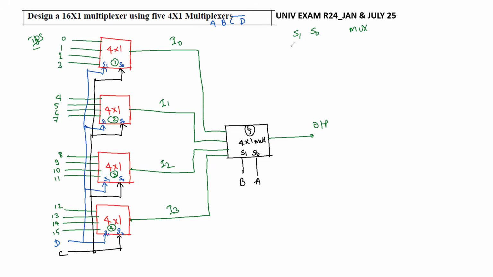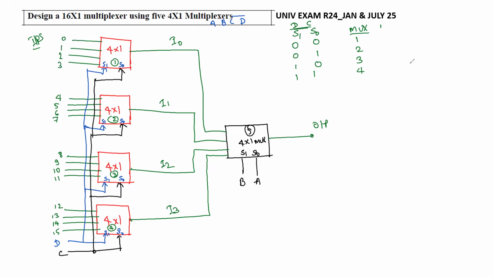When we have this combination S0, S1, that is 0, 0, the first multiplexer output will be available here. For 0, 1, the second multiplexer output, for 1, 0 the third multiplexer, for 1, 1 the fourth multiplexer output will be available here. This is the combination for C and D.